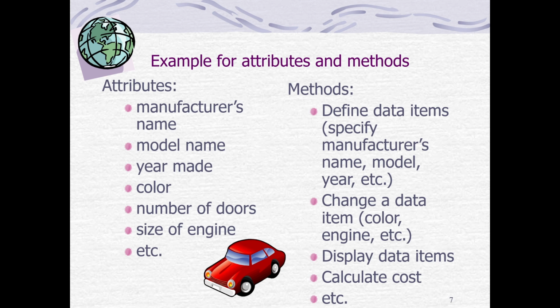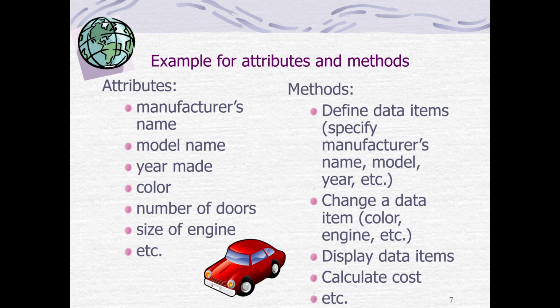Clearly, we are going to see one example, attributes and methods. Suppose we consider a car as an object. What are the attributes related to this car? The manufacturer name, model name, year, color, number of doors and size of engine. These are the attributes of that car. And what are the methods, or actions performed by this object?